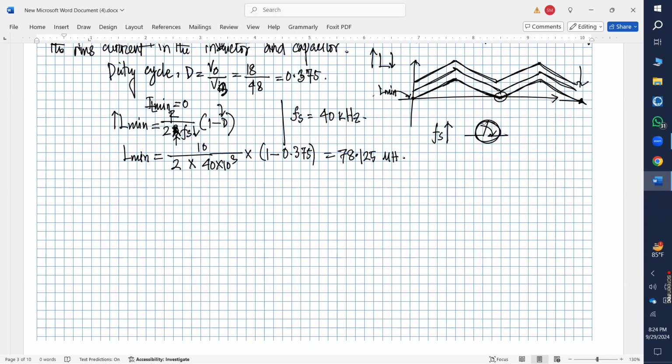So if you put the L value more than L min, what will happen? This waveform will shift upwards, right? In your book, in order to design the circuit, they took the value of L in the circuit 25% higher than the L min value, which is 1.25 multiplied by 78.125 microhenry.